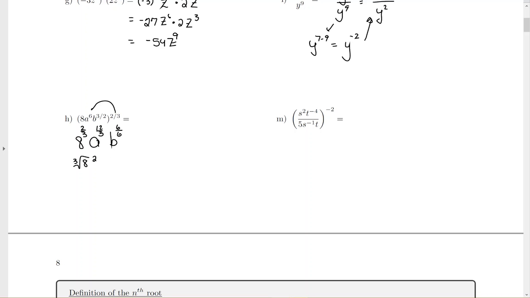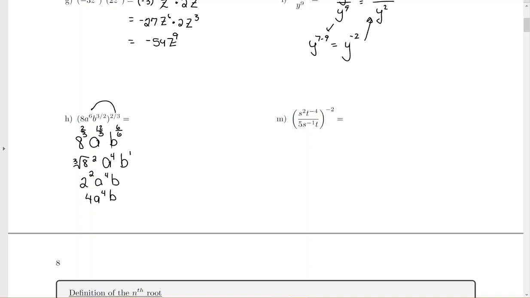When you rewrite that fractional exponent, reduce the fraction on a to the 12/3 and b to the 6 over 6. So cube root of 8 is 2, and 2 squared is 4. So we've got a to the 4th power, b, and then your final answer 4, a to the 4th, b to the 1, or just b.